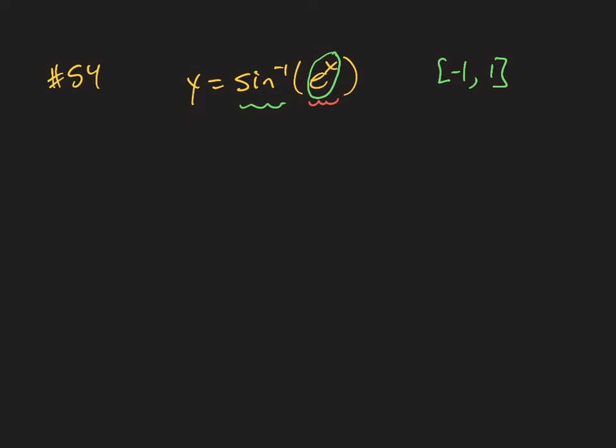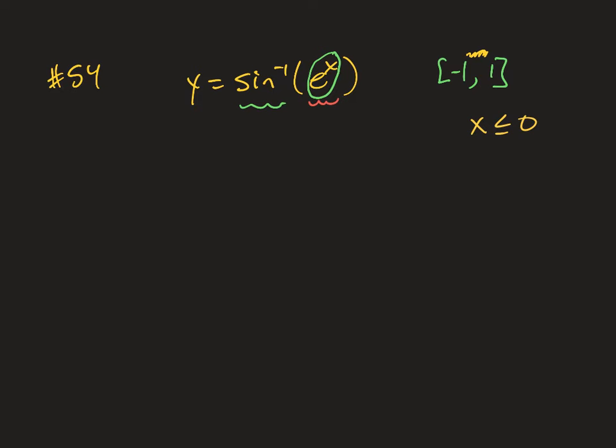That means that for e to the x, this x here, the yellow x from this function, cannot be bigger than 0. So x is going to be less than or equal to 0. And on the other end, the function e to the x is always positive, so it's always going to be in this range as long as we stay less than 0.